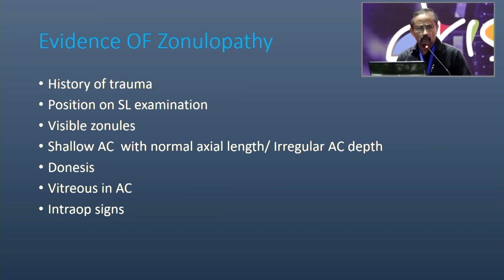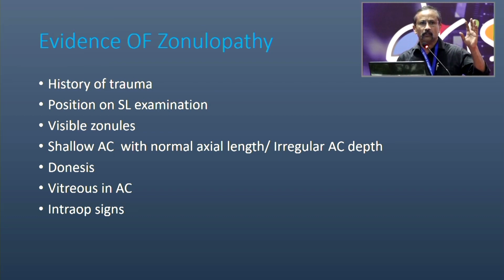Look for visible zonules, a shallow anterior chamber in a normal axial length, an irregular anterior chamber depth, donesis of the lens or the iris, the presence of subtle vitreous in the anterior chamber, and intraoperative signs like when you are trying to poke on the anterior capsule, it's not getting poked. When you are moving it, the entire lens is moving. Or once the bag is empty and then you see there are horizontal tangential wrinkles in the posterior capsule, all indicating that the zonules are weak.